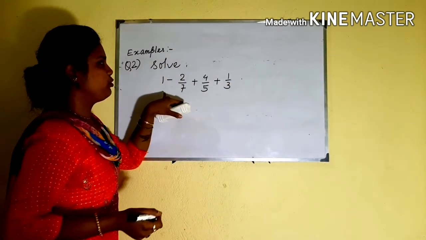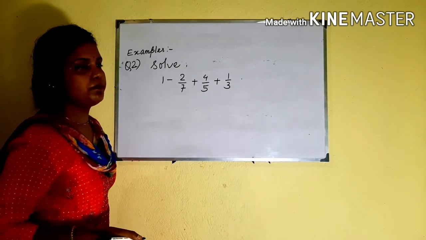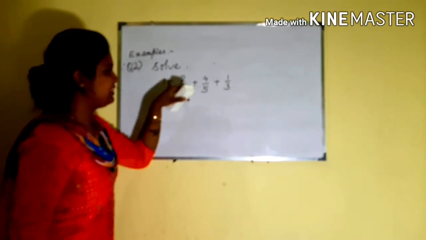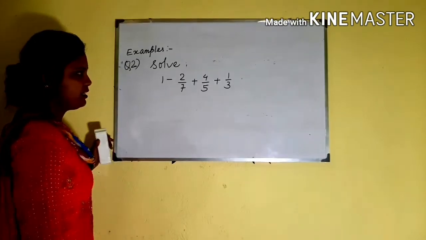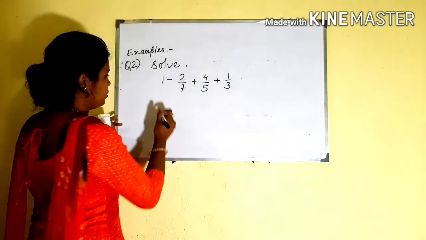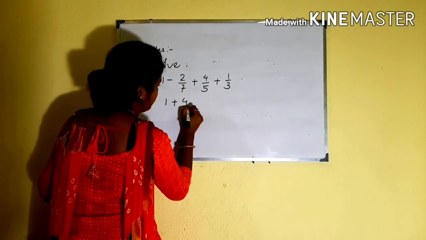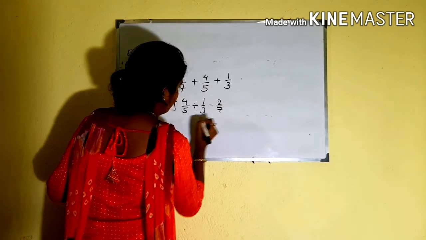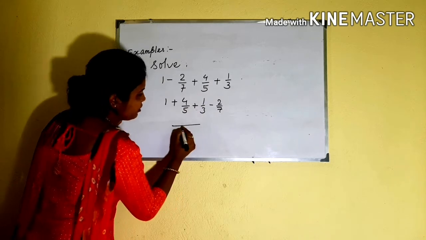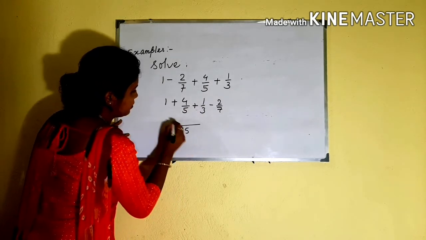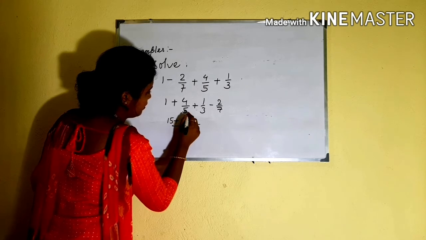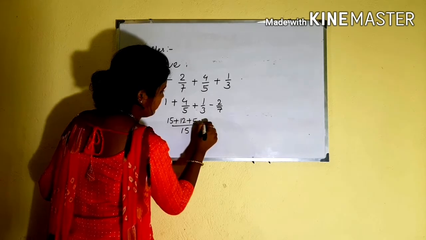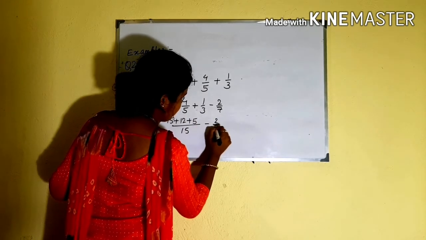Suppose the sum that is given to you is 1 minus 2 by 7 plus 4 by 5 plus 1 by 3. So at first what you can do is, you can simply add up and then subtract. That can be quite easy according to the BODMAS rule. The LCM of 5 and 3 is 15. 5 threes are 15, 3 fours are 12, plus 5, minus 2 by 7.